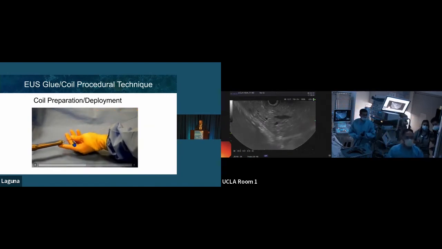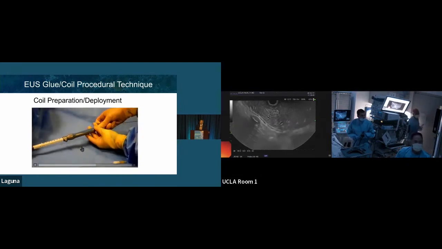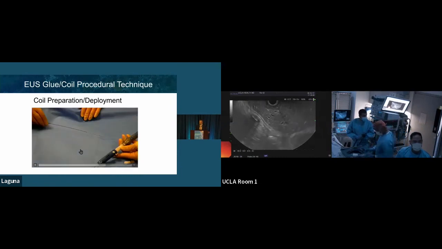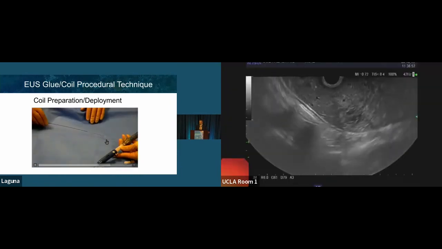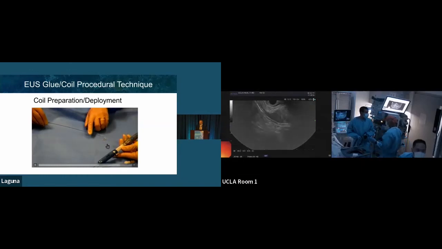And then we'll take out the trocar and then essentially use the stylet of the FNA needle to deploy the coil. As we advance the stylet, you can see the needle tip here, the coil will come out. And of course, it wants to retain its shape in the coil position. And that's how it gets deployed. So a fairly straightforward technique in terms of injection.